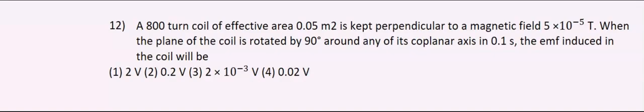Now let us quickly solve this. Given N is equal to 800, A is equal to 5 into 10 to the power of minus 2 meter square, and B is equal to 5 into 10 to the power of minus 5 Tesla.